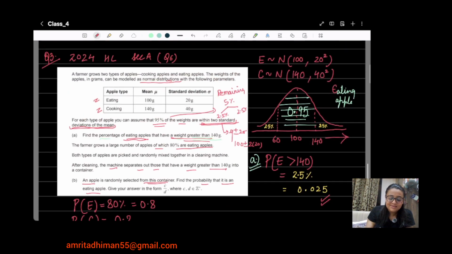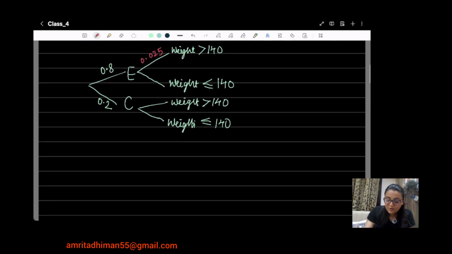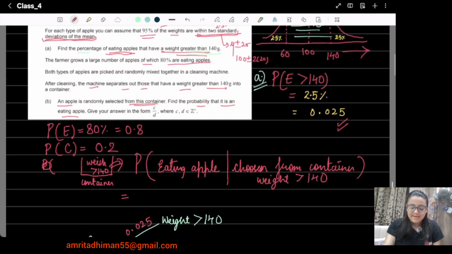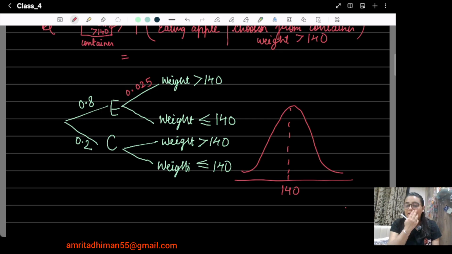For that, just read it, for the cooking apple, mean is 140, right? So for that, we need to take this diagram, because we know that for the cooking apple, the mean is 140 already. And we know that in the normal distribution, this probability is symmetric about the mean, right?